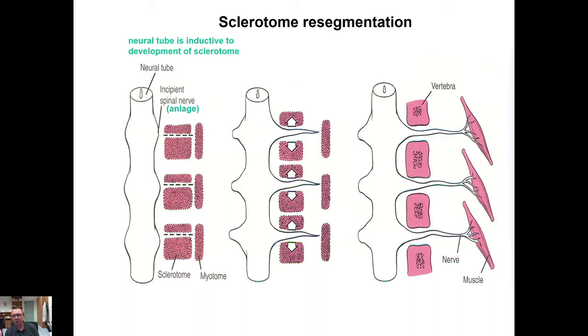So what does resegmentation of the sclerotome mean? Each sclerotome, that means each ventromedial part of each somite, divides into two parts. One would say two halves, but one of these parts is smaller, the cranial one, and the caudal one is bigger, so it isn't an exact division into two halves, two parts, cranial and caudal.